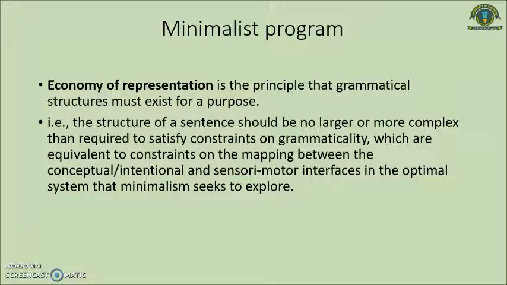There is no need for more complex structures. For instance, deep and surface structure is an example. We don't need deep and surface structure if the structure in front of us is simply fulfilling the purpose.